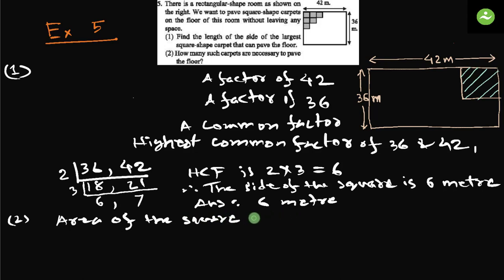Area of the square equals 6 meter into 6 meter, 6 into 6 square meter. This will be square meter in case of area. Equals 36 square meter.